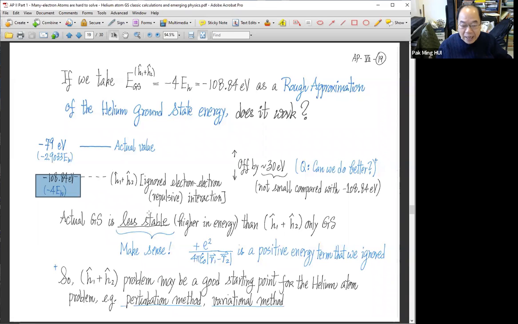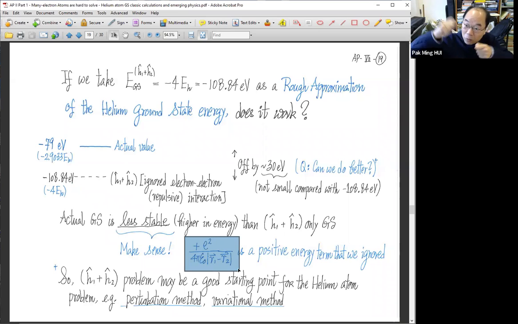But it's a good sign in the sense that we know if we include the positive repulsive Coulomb energy, repulsive means positive, it will bring this value up because it's positive. This is negative, you add some positive value. The only direction it will go is up, right?